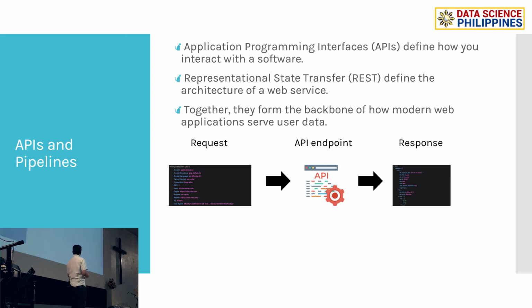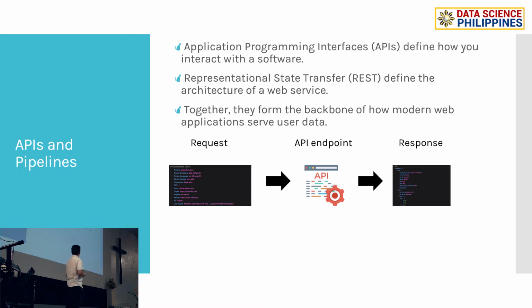Along with an API, we have what is called representational state transfer. It defines the architecture of a web service and how you load the different HTTP protocols.